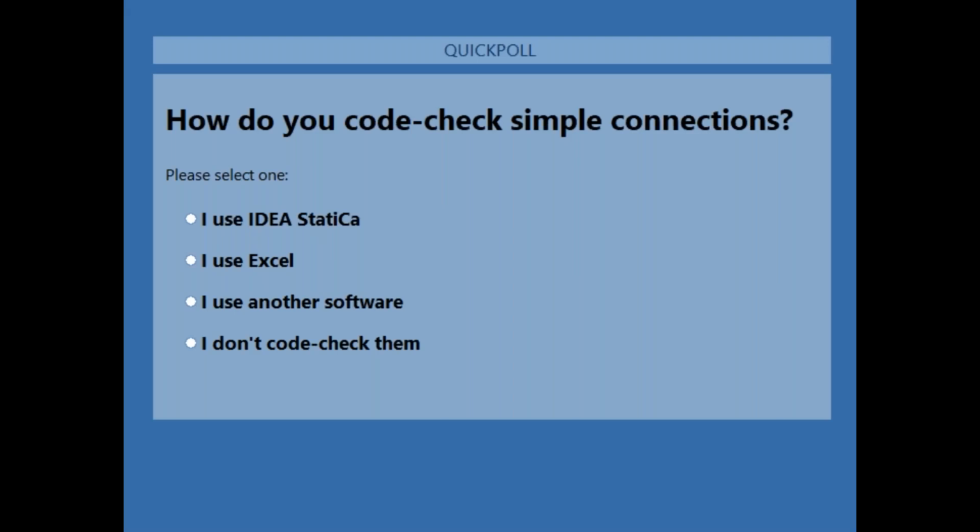And this is a question for you. How do you co-check simple connections? The most simple ones, just simple end plate or simple fin plate.